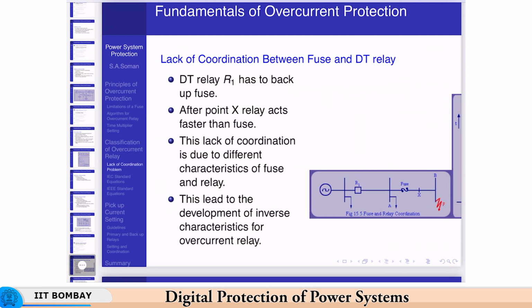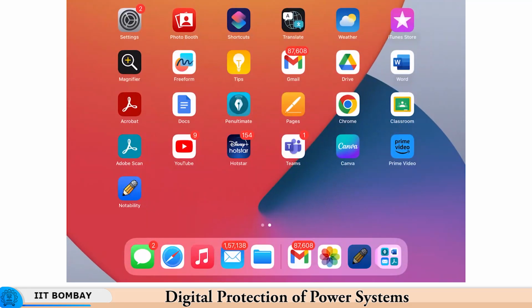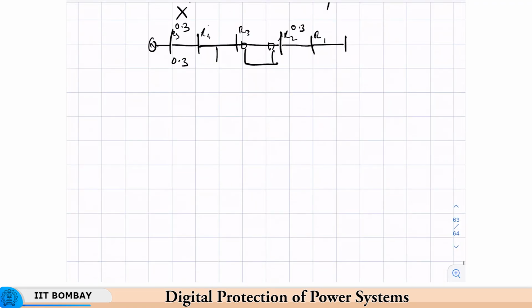Then what would happen is, say this is the fuse at the point A, and then you have a relay close to the source, which is R1, and if a fault occurs in this section here, then you can have a problem, which we will just have a look at here.